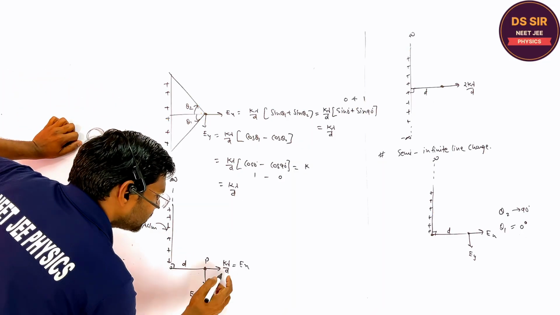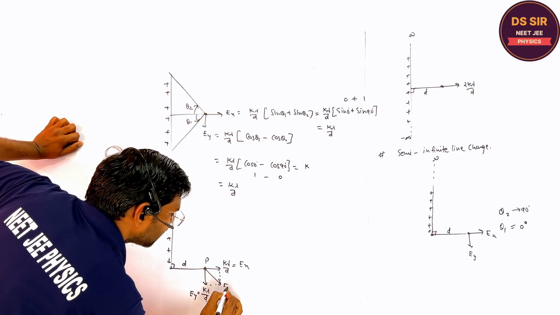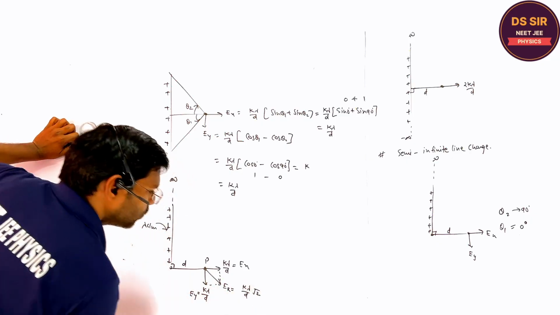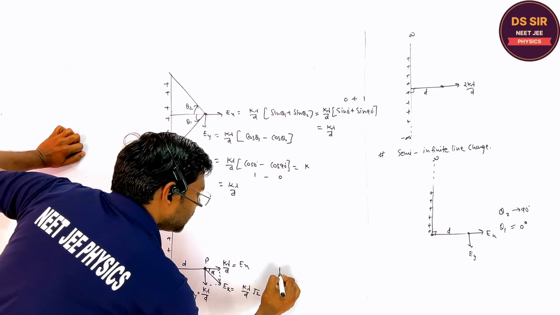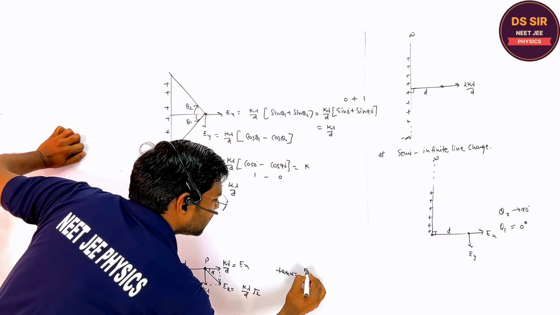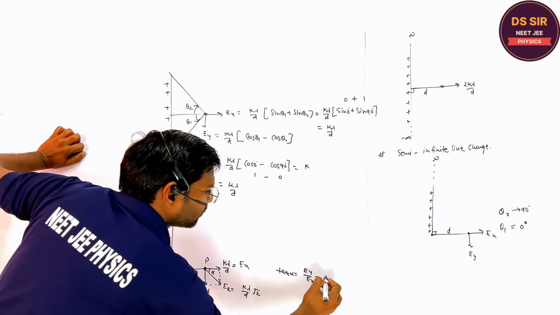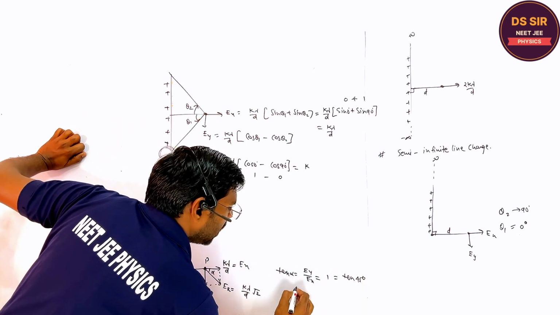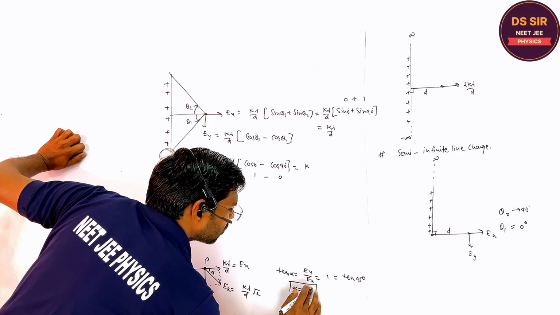So what is the resultant electric field at this point? The resultant electric field is k lambda upon d times root 2. And if you consider this angle as alpha, what is tan alpha? It is nothing but Ey upon Ex, and Ey and Ex are both the same, so it is 1. It is tan 45 degrees. So alpha is 45 degrees. Is it clear or not?